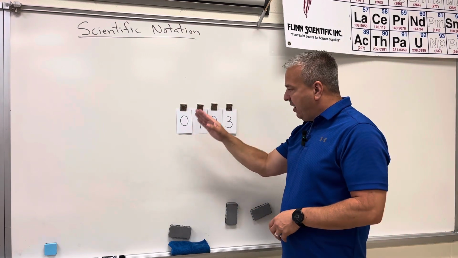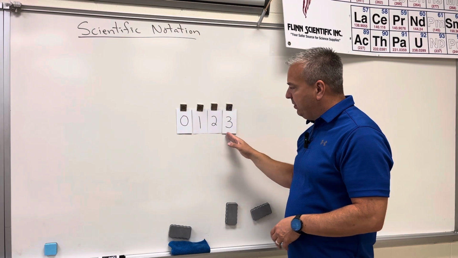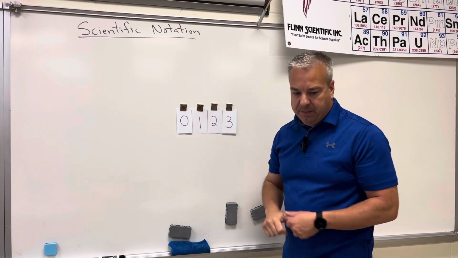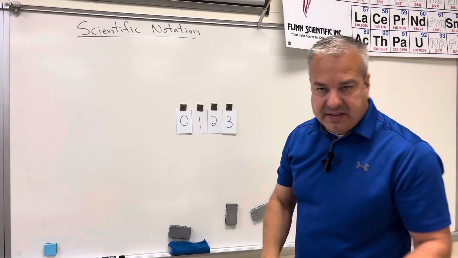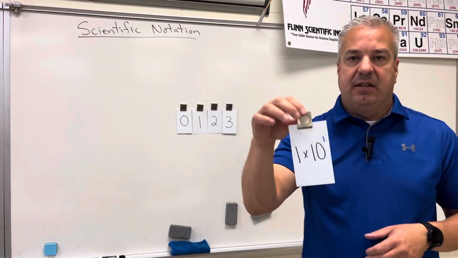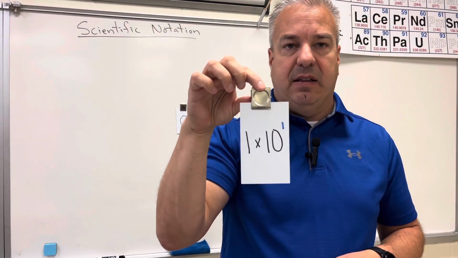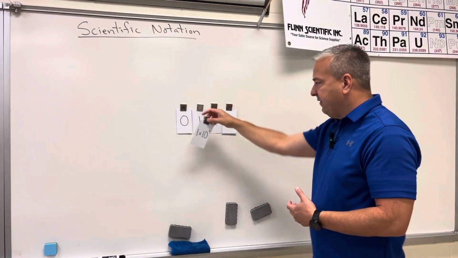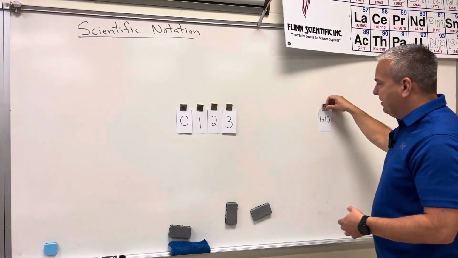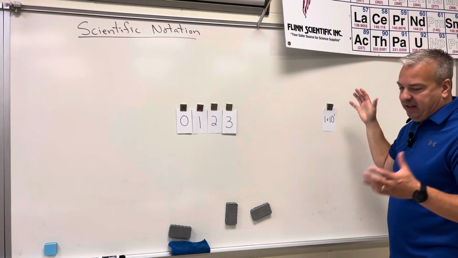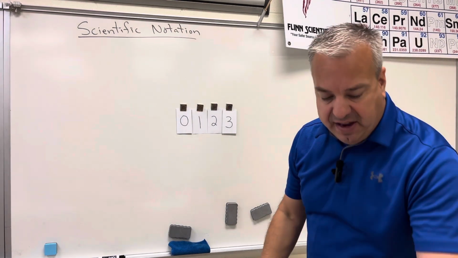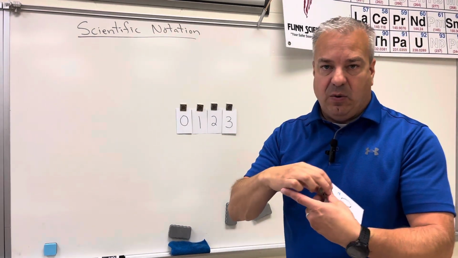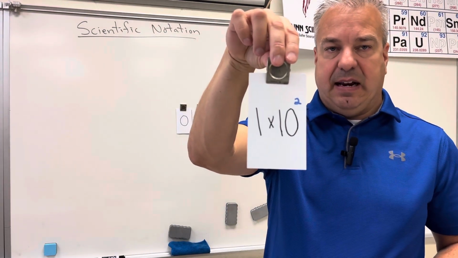I've established the number line as 0, 1, 2, and 3 to give you some relationship here. The first thing I'm going to pull up in scientific notation is 1 times 10 to the first power. I think most people understand that this is just the value of 10, so maybe somewhere around here-ish. Next one is 1 times 10 to the second power.